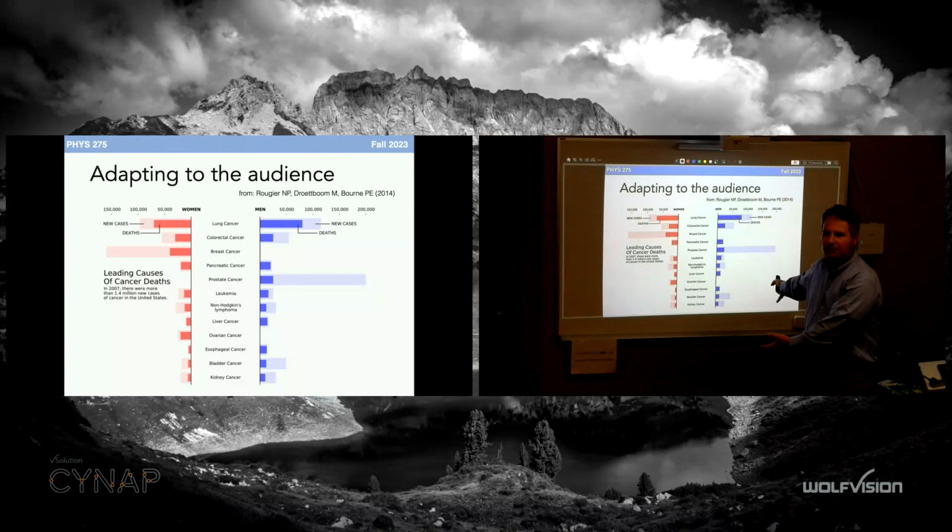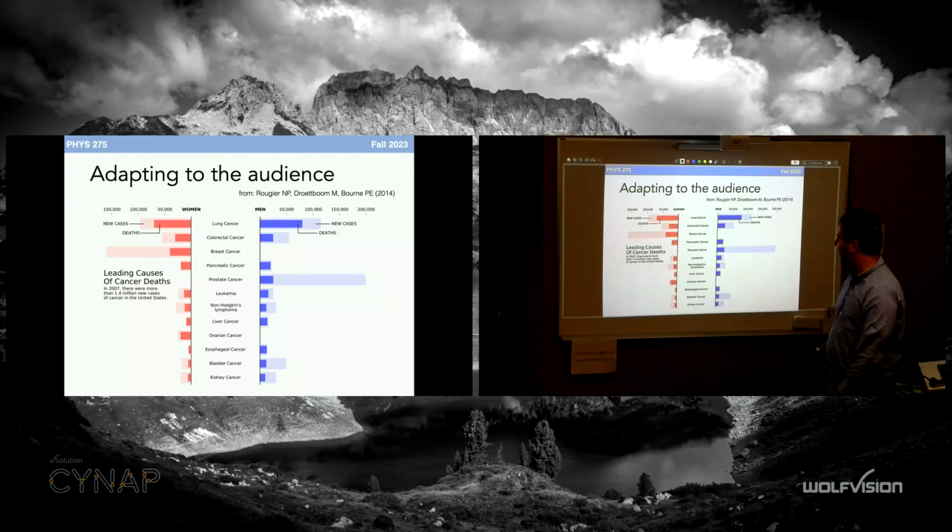Who am I aiming this for? Is this a general audience? Or is this, for example, the NIH governing board, the National Institutes of Health? It's like, okay, if I put money here, where do I save the most lives per dollar? Breast cancer, actually, that's down by a lot, right?